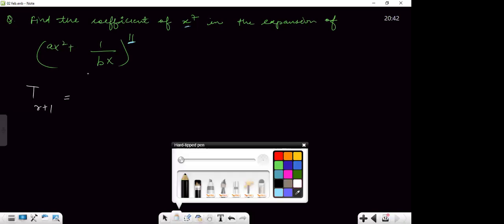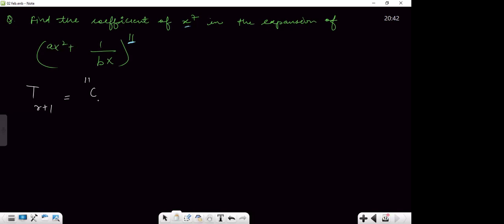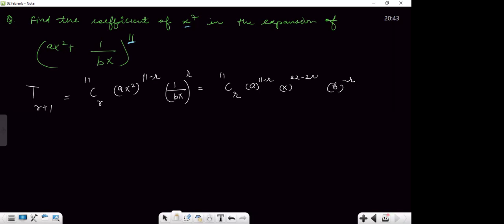So 11Cr (ax squared) raised to power 11 minus r into (1 by bx) raised to power r equals 11Cr a raised to power 11 minus r, x raised to power 2 into (11 minus r), that is 22 minus 2r, into 1 by b raised to power r into x raised to power minus r, which will get further subtracted here only.